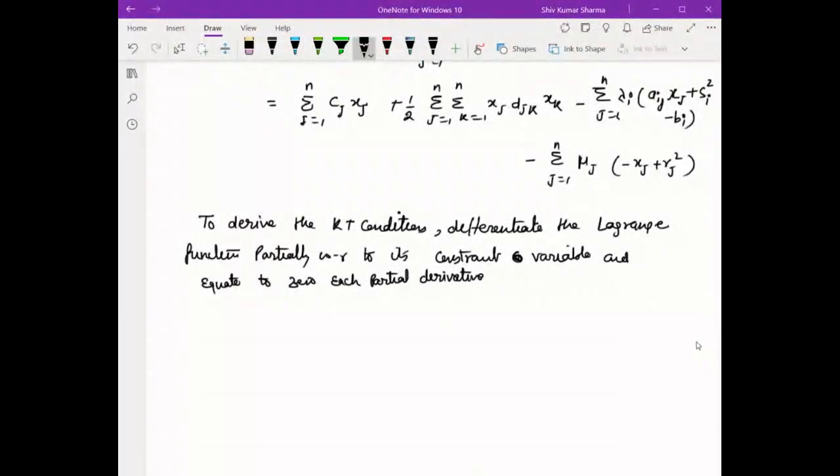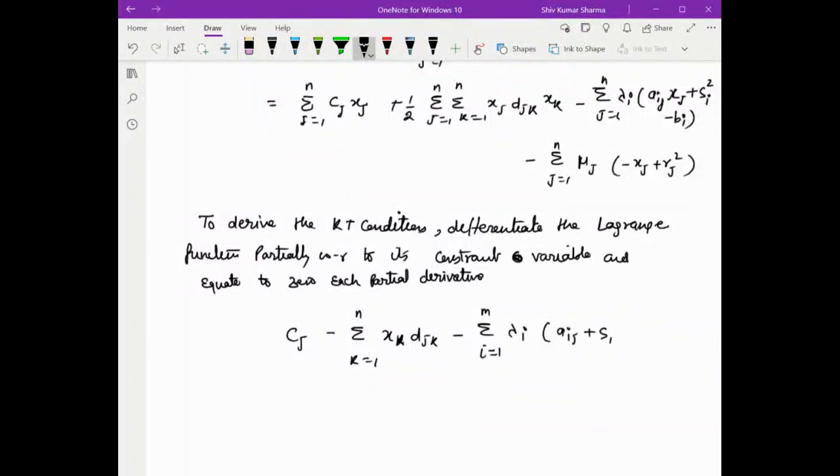For the first equation, we differentiate with respect to xj, which gives cj minus the summation over k equal to 1 to n of xk djk, minus the summation over i equal to 1 to m of lambda i aij.